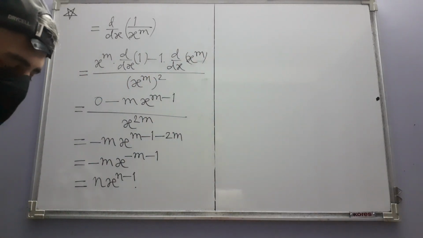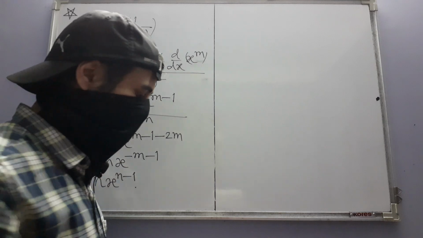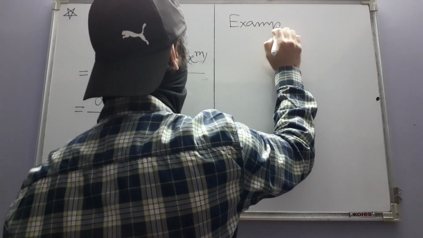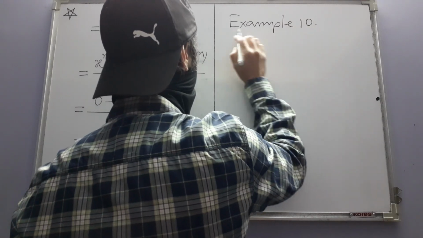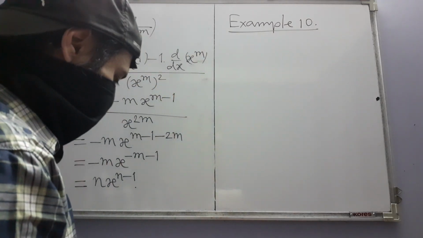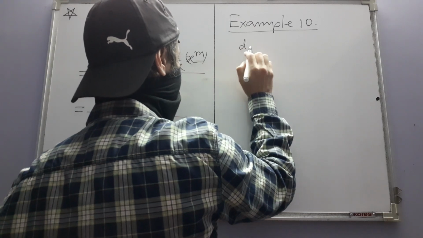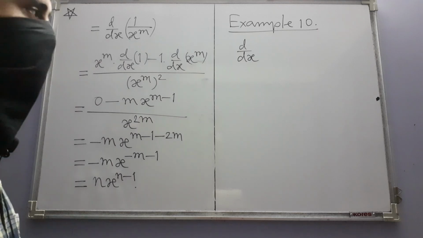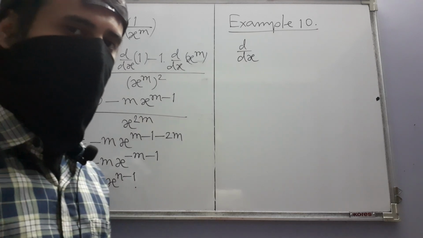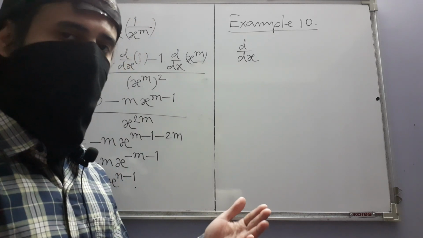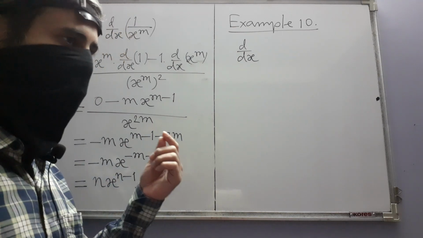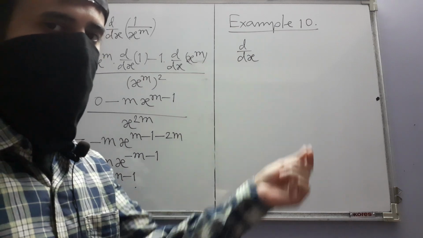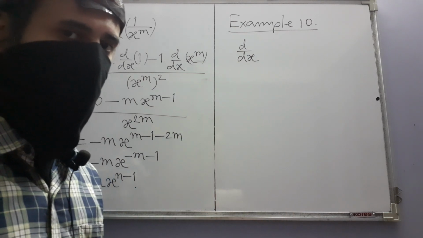Now next we have an example illustrating this. This is example 10. So if you differentiate, when you are thinking of negative powers of x, what that means, when we say negative powers of x, we do not mean minus x to the power something, no. We mean a power of x where the exponent, the number which appears above x, is a negative number.